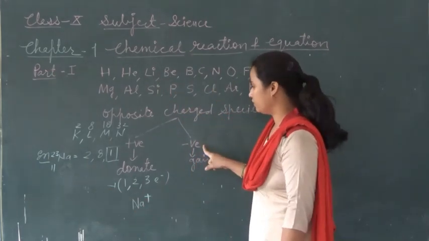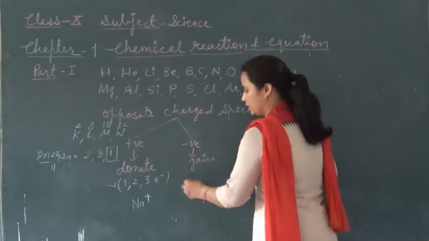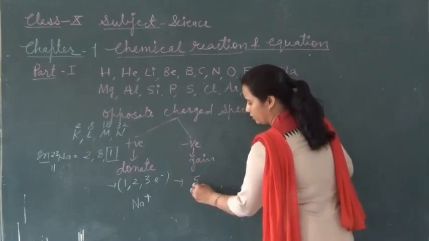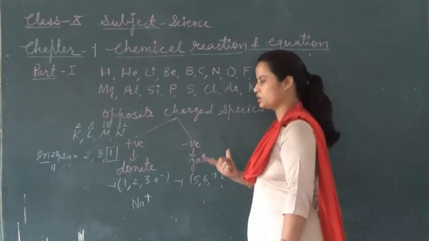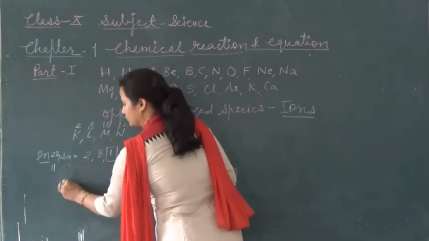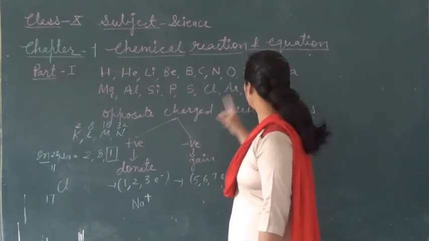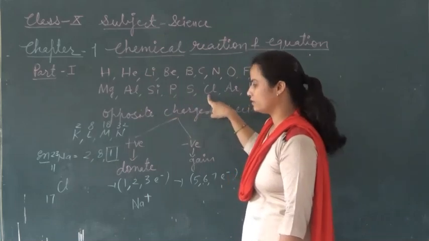Like this. An atom becomes negative when it gains an electron, which is possible when it has 5, 6 or 7 electrons in its outermost shell. How is it possible? For example, chlorine. Chlorine has atomic number 17: 11, 12, 13, 14, 15, 16, 17.